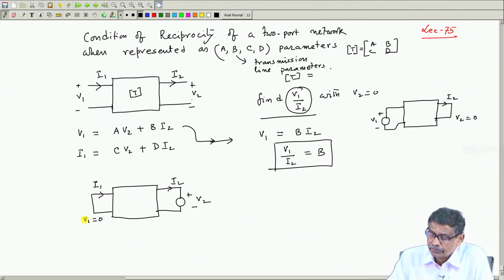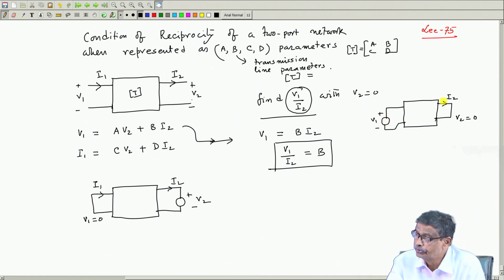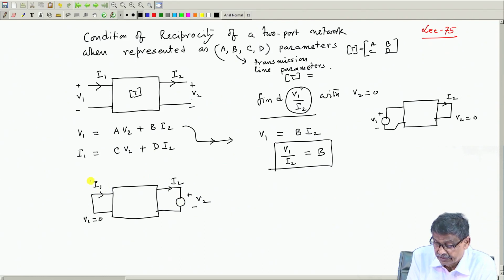Now I calculate V2 by I1, but do you think that V2 by I1 should be equated to V1 by I2? No, because you energized V1 and showed the current coming out as I2. Now you have applied V2 here, and the current on the other side in this direction is minus I1.